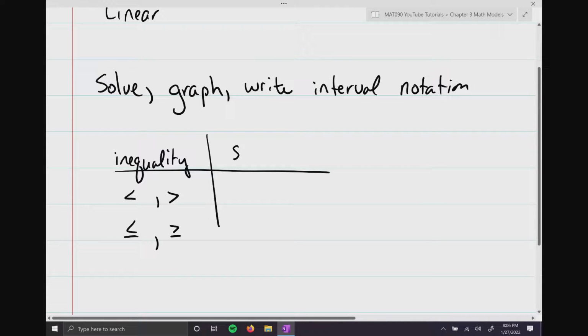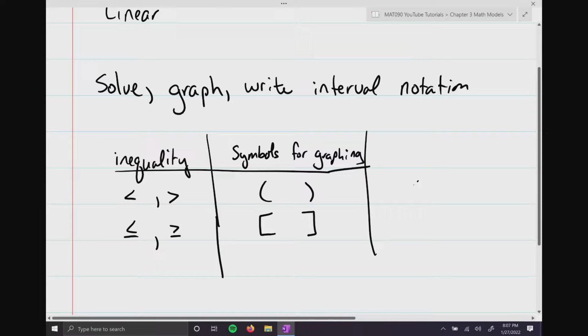The symbols for graphing will be parentheses for the less than or greater than, brackets for the less than or equal to and greater than or equal to. When we graph, we always like to draw a little number line and put 0 right in the middle.